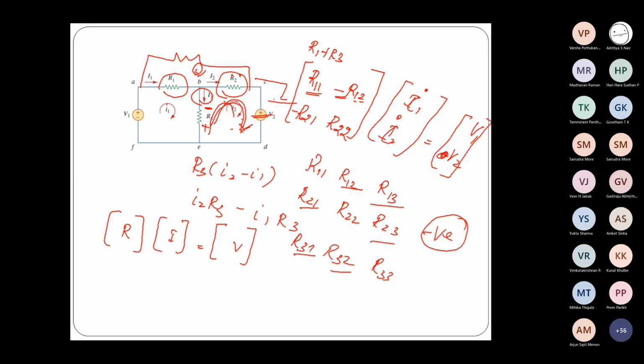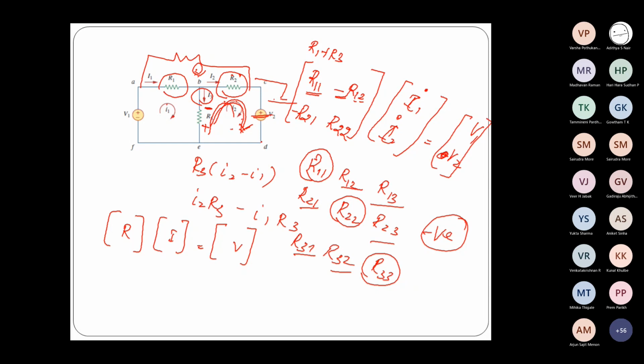Whereas this R11 is the self-resistance for loop 1, and similarly self-resistance for loop 2 and loop 3. So it is the sum of the resistances present in loop 1. So it will be a summation, with no negative. And then I1, I2, I3, V1, V2, V3. If there is no voltage source for any particular loop, then I can write that voltage value as 0.